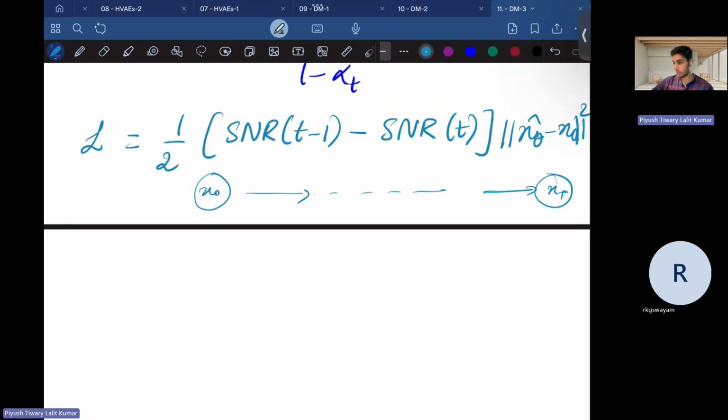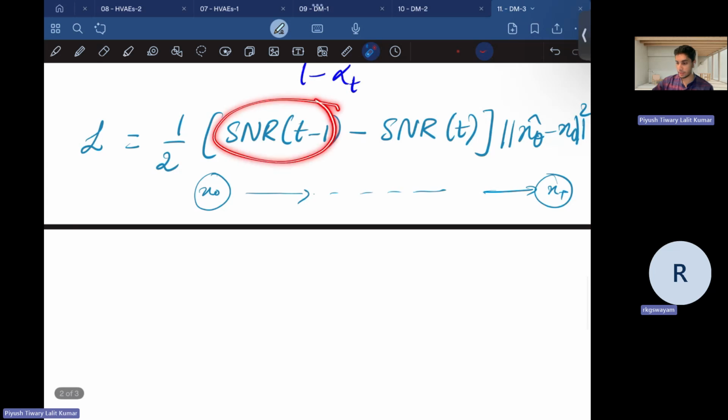As we move forward, what should the SNR do? Should it decrease or increase? Intuitively, at the end there is no signal left because it's complete noise. Initially the data is only a little corrupted, so the signal is still there. So SNR is decreasing here.